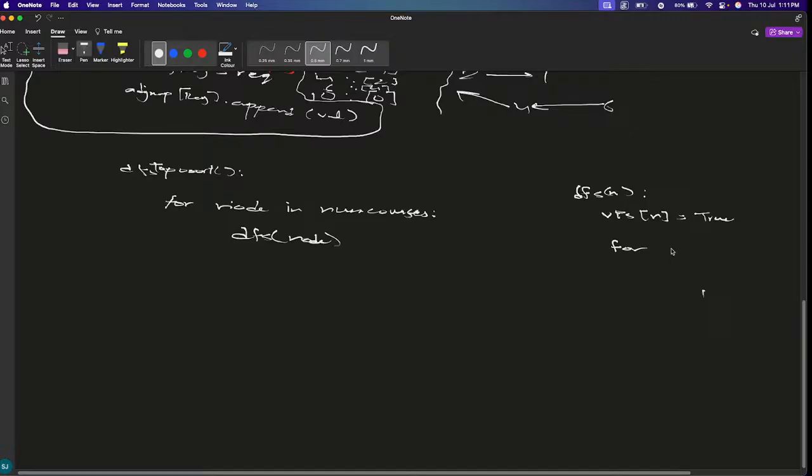For u in adjacency map of n, if u is not visited, then do the DFS into u yet again. DFS into u.